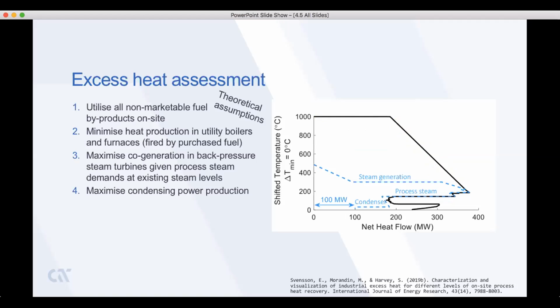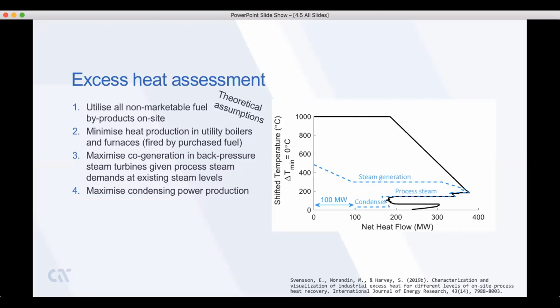Here, high temperature heat sources are used to raise steam, and back pressure turbine extractions are dimensioned to cover process heating demands. If more excess heat is available after meeting internal heat demands, condensing power generation is maximized by increasing the size of the steam cycle and adding a condensing turbine stage.